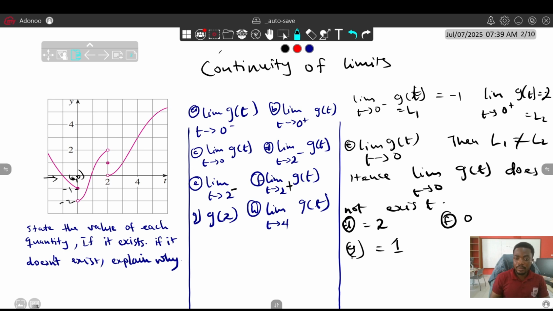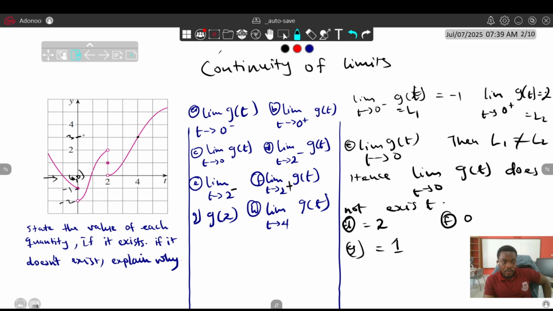Right? Okay, so the last one says we should find the limit as t approaches 4 of g of t. Okay, so this is 4 right here. So from the left, we have 3.